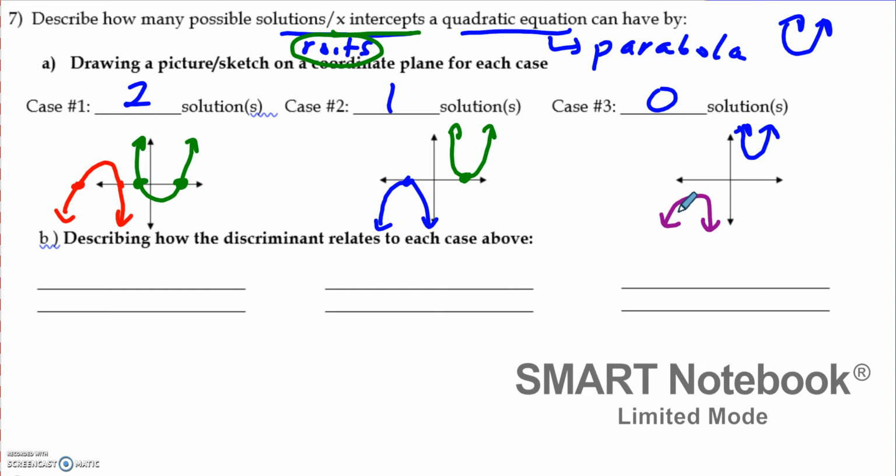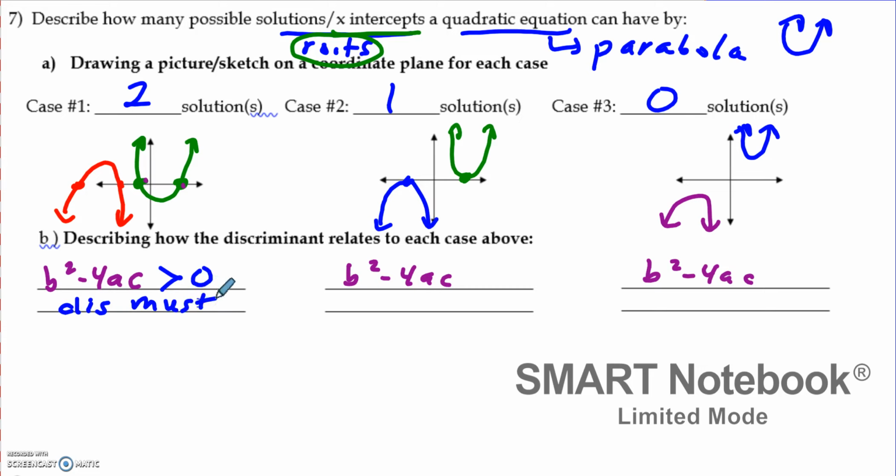Part B is asking you to describe how the discriminant relates to each case. The discriminant, you remember, is really just the part underneath the radical in the quadratic formula, the b squared minus 4ac. I'm going to write that in each blank. In order to hit the x-axis twice, the number under there has to be bigger than 0. Or another way, the discriminant must be positive.